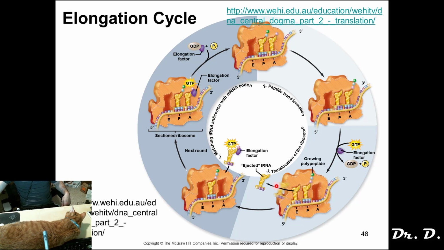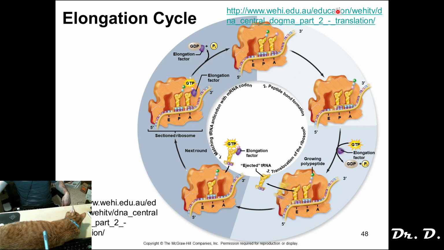And what's going to happen in the A site? That's right, the A site accepts the next tRNA. And this is called the elongation cycle. Every time you go through this cycle, you have the amino acids extended by 1. So you have 1 more amino acid added on every step.